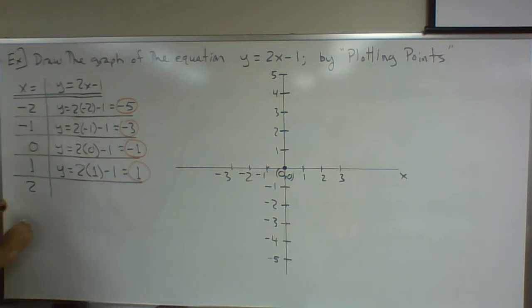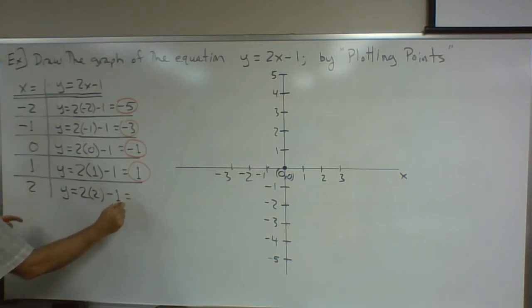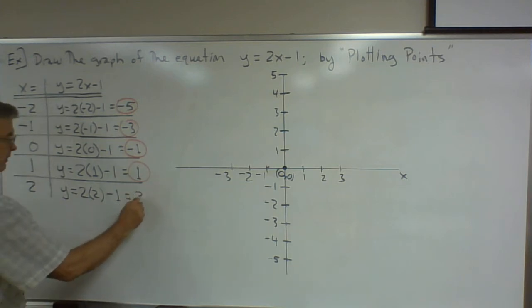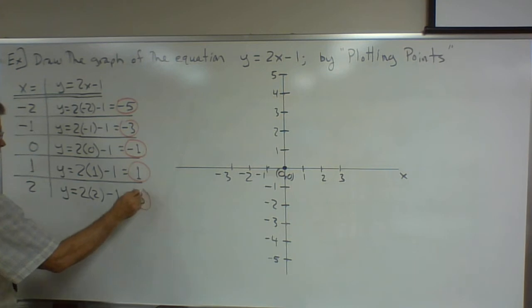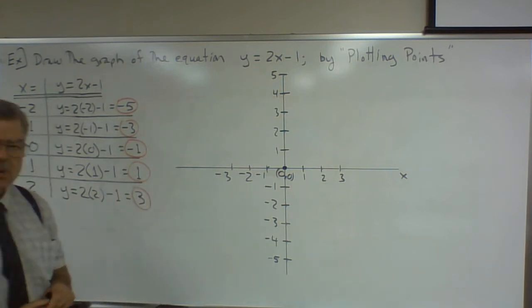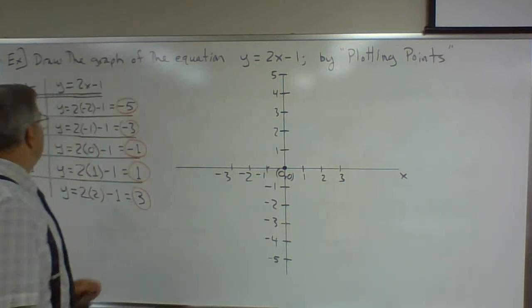And finally, when x is positive 2, we take positive 2 and substitute it for x. Y equals 4 minus 1 is positive 3. And that should give us enough ordered pairs.